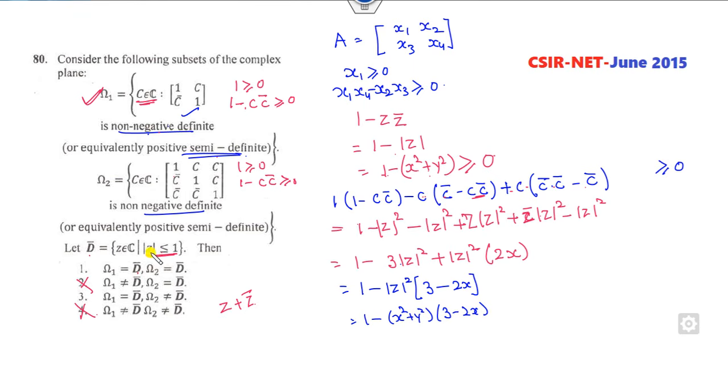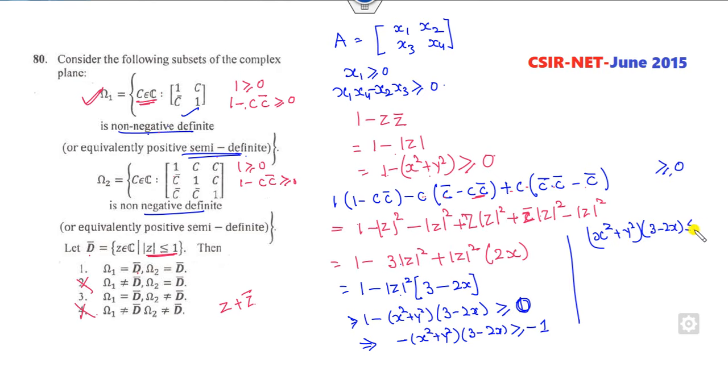Now you can see |z| is less than 1. When will 3 minus 2x be less than 1? If it is greater than 1, what is the meaning of that? It means x² plus y² times (3 minus 2x) is greater than 0. Fine, it will be greater than minus 1, or you can say x² plus y² times 3 minus 2x is less than 1.